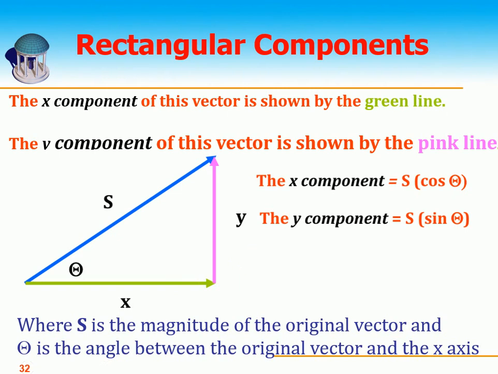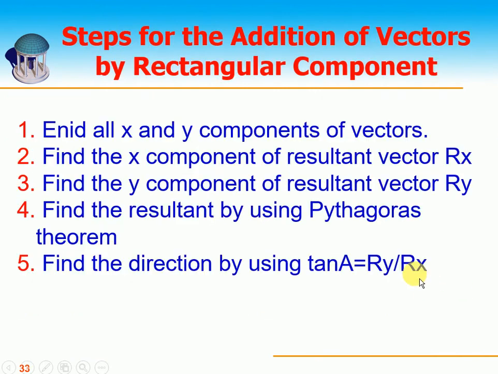So if you need to find the resultant of two or more than two vectors, n vectors, the steps are here. Find all x and y components of the vectors first, then add all the x components of the vectors and find the resultant Rx, then sum all the y components of the vectors and find the resultant Ry.